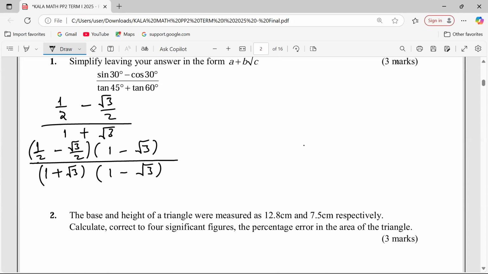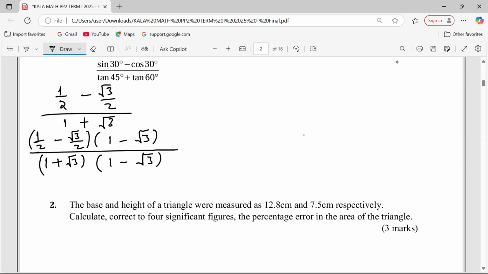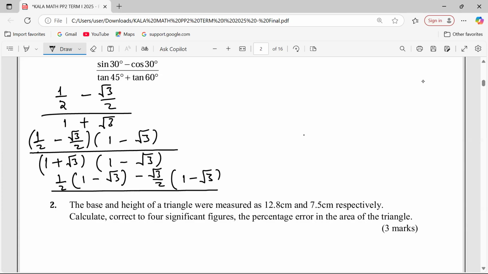Let's expand the numerator, whereby half multiplies 1 minus root 3. Then negative root 3 over 2 also multiplies everything in the bracket. Then all these should be divided by the simplified form of the denominator.